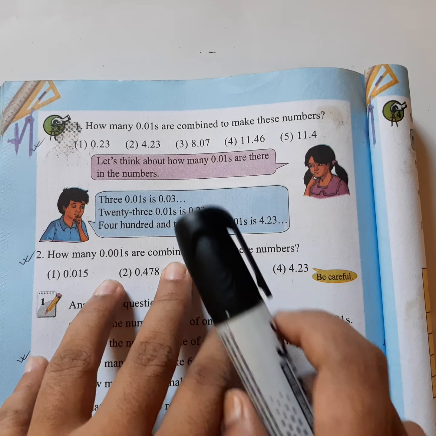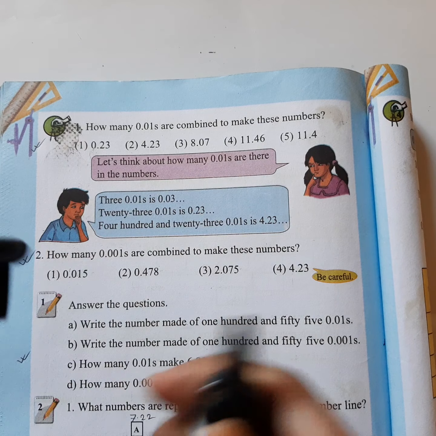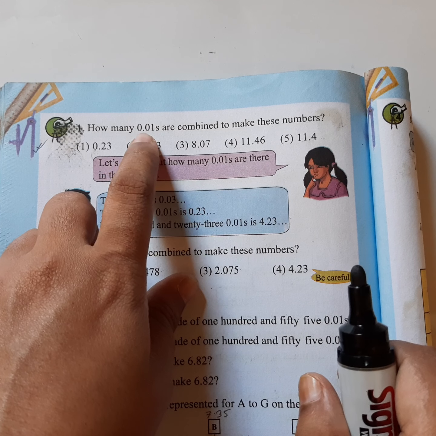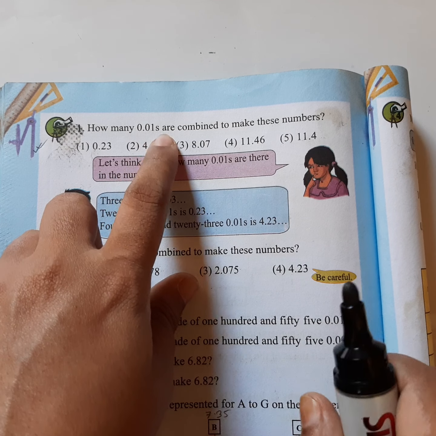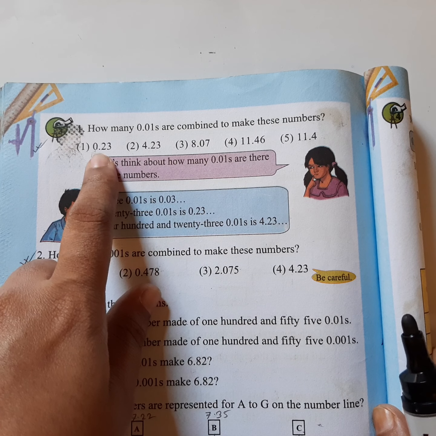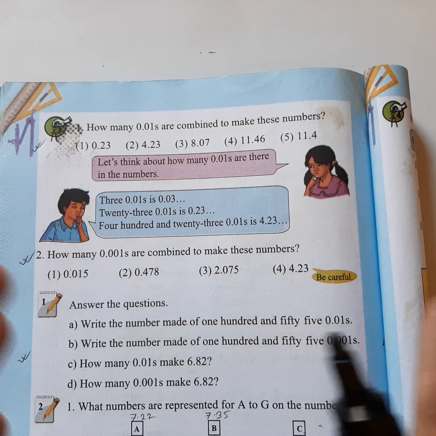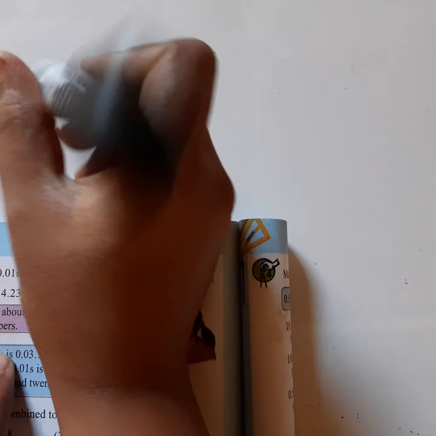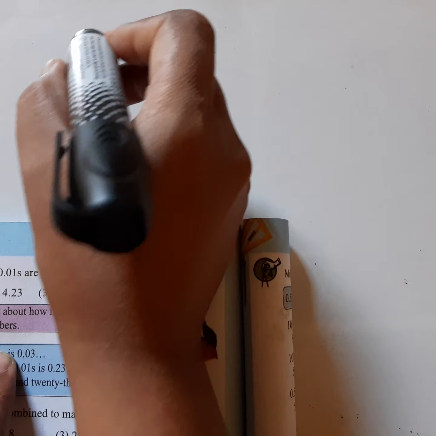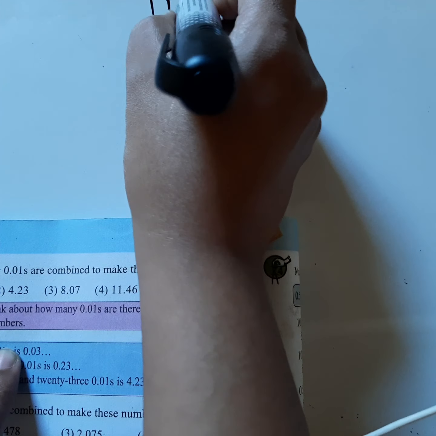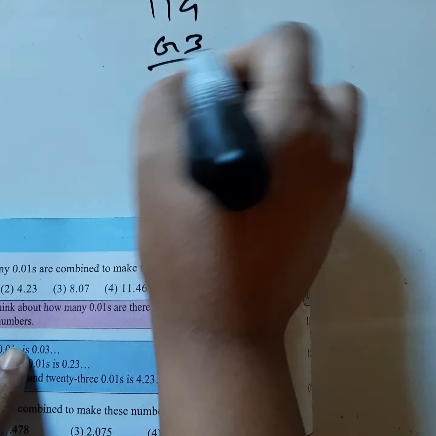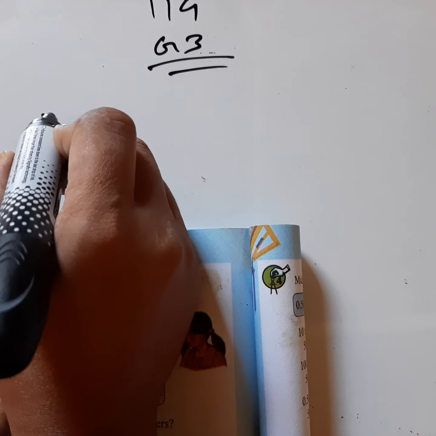The maths are exactly similar to before, but here we are talking about 0.1 units. Okay, so they gave us the decimal number, so we are going to find out the normal number. Think like this. From page 114, green 3, so one number.